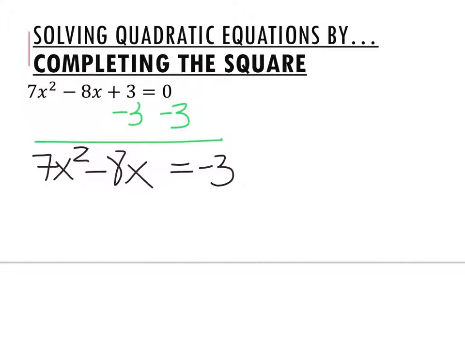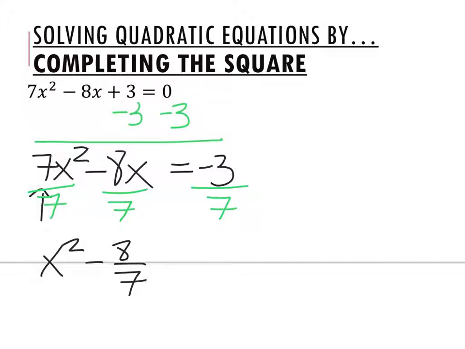Now the evil thing about completing the square, you can't complete the square if there's a number in front of x squared. So before we can complete the square, we have to divide everything by 7. Okay? So really what we have is x squared minus 8/7 x, and we're going to complete the square, is equal to negative 3 over 7. That's the square that we're going to complete.